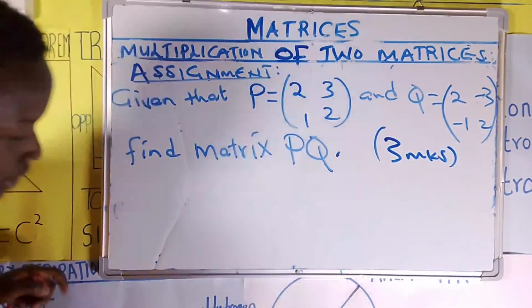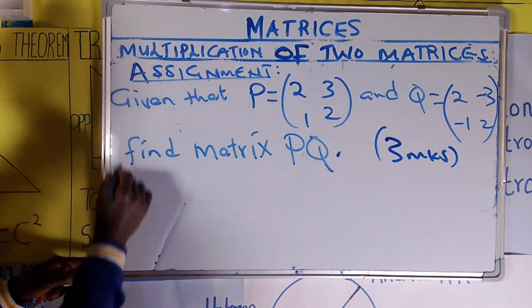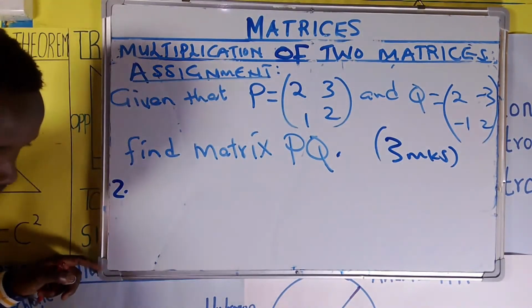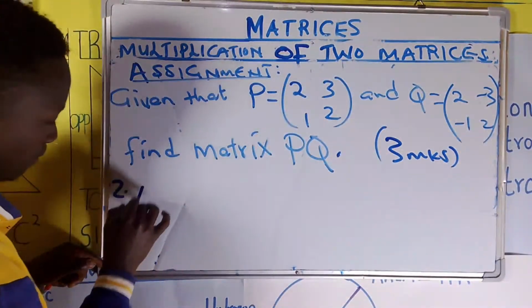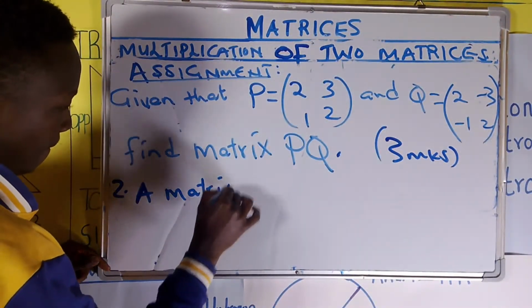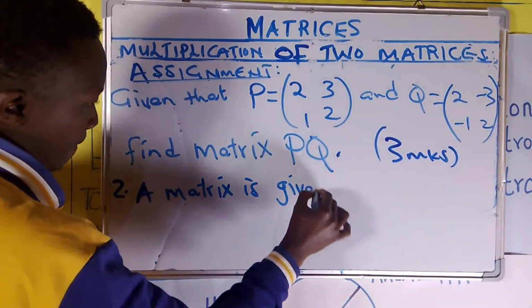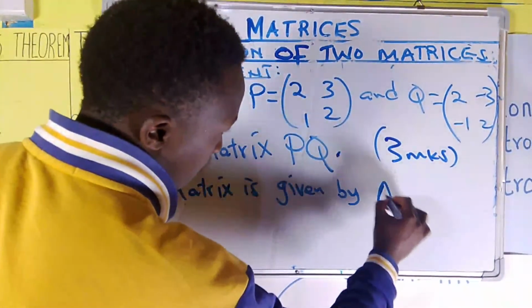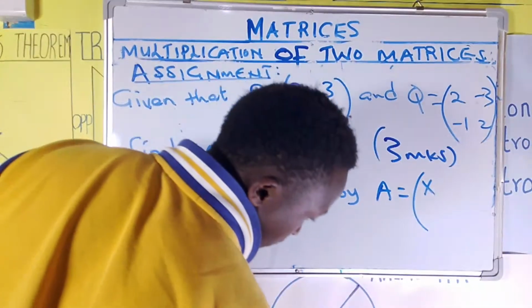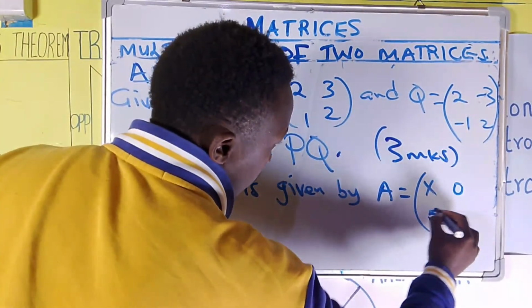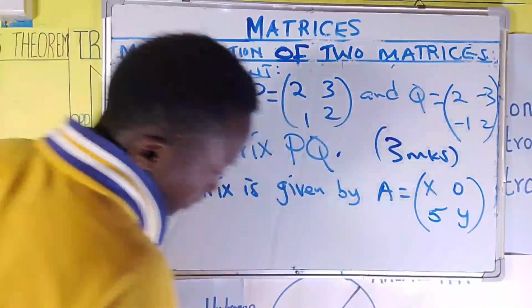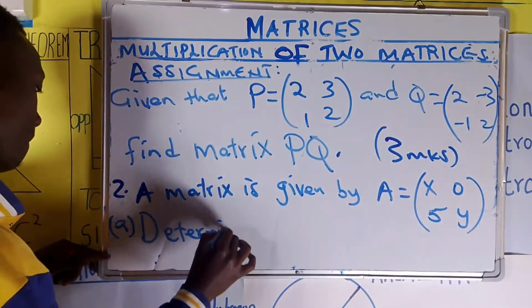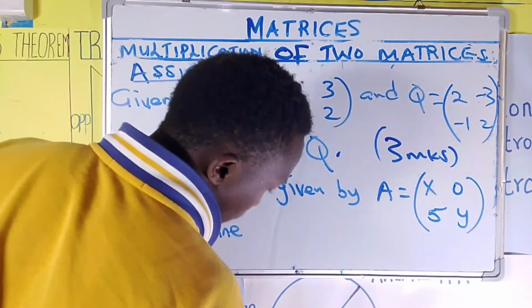A matrix is given by another question. Question 2. A matrix is given by A equals X 0 5 Y. Determine A squared.